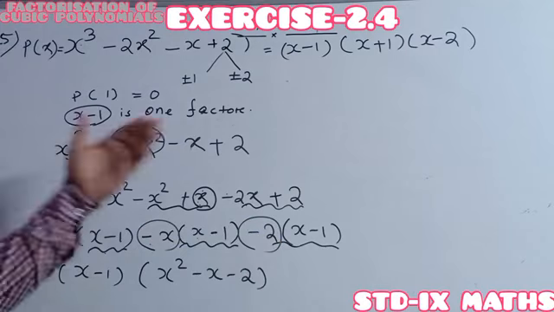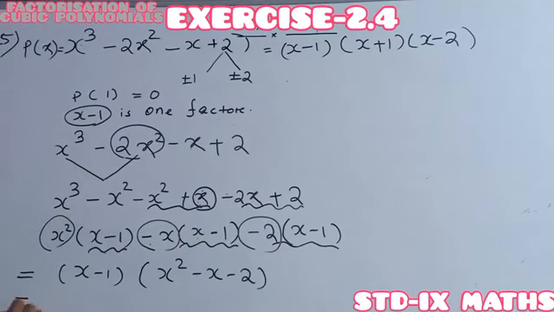Ready? Just like in the last case we have done the factorization of the quadratic polynomial. We have already done the factorization, that the product should be minus 2 and the sum should be minus 1, and finally there we got x plus 1 and x minus 2. Understood?